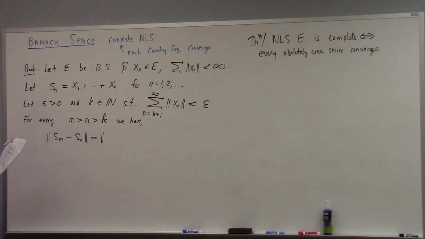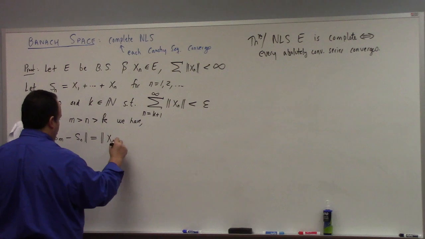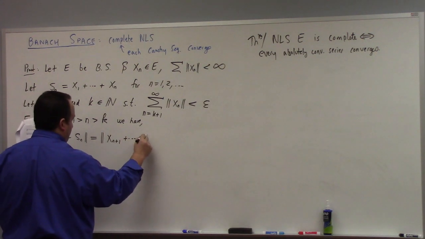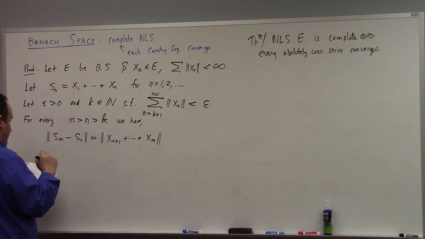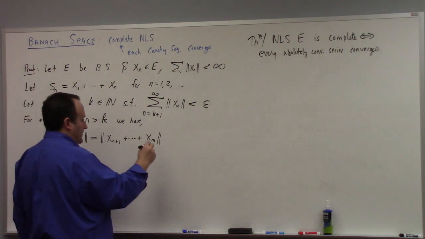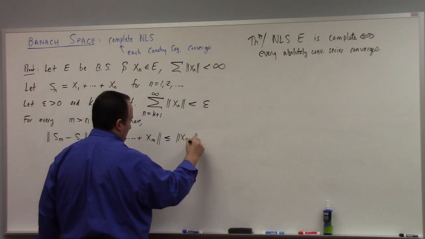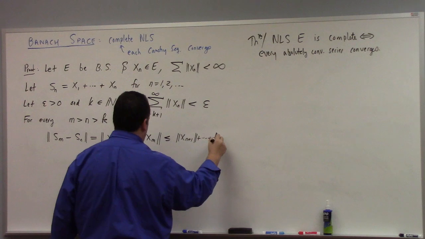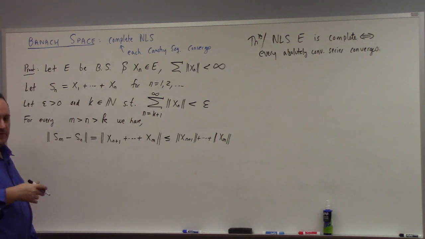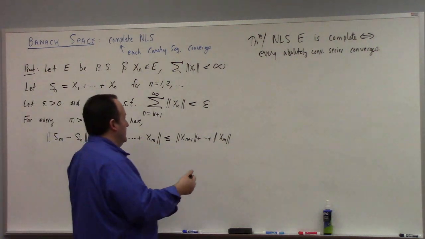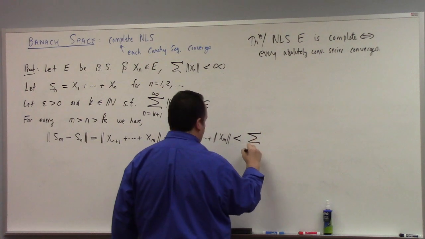The first n terms cancel, and we're just left with x_{n+1} plus and so on plus x_m. But by the triangle inequality, that is less than or equal to the norm of x_{n+1} plus and so on plus the norm of x_m, which then, of course, is less than the whole tail here.